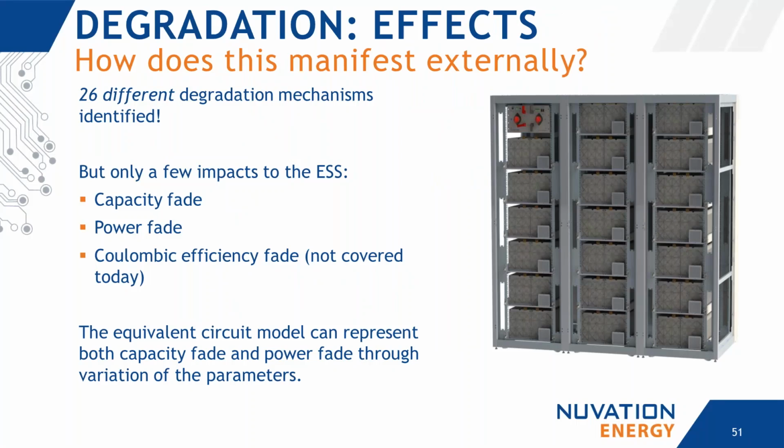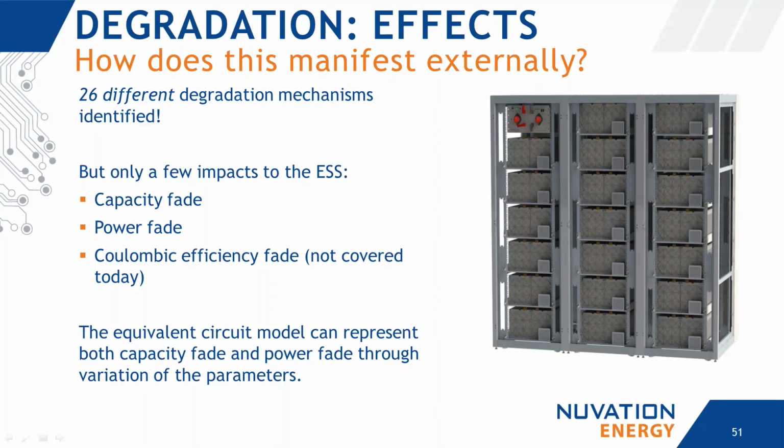So what can we conclude from this? Well, we saw 26 different degradation mechanisms identified, but the reality is only a few of these impacts to the ESS performance are things we really need to care about. The most significant ones are actually capacity fade and power fade. We're not talking about the Coulombic efficiency fade today.